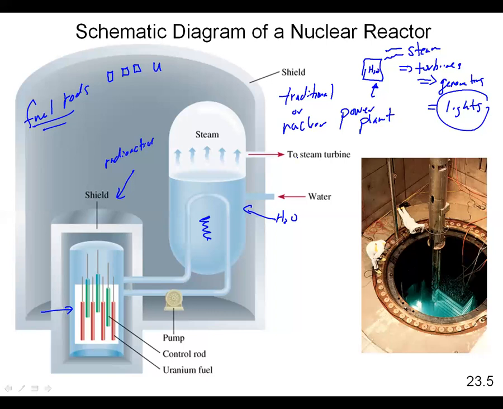And usually they will also have other things in there, which are known as control rods. The control rods are coated in things like cadmium, and they are neutron absorbers.